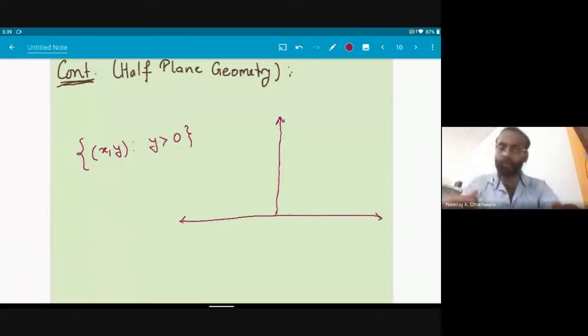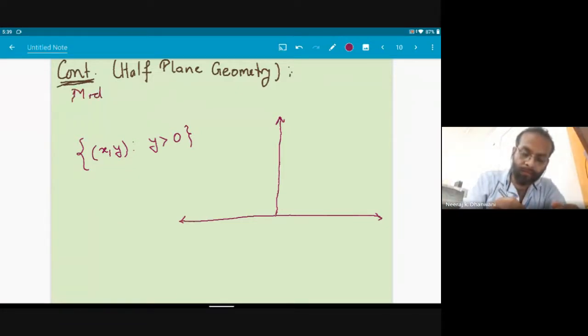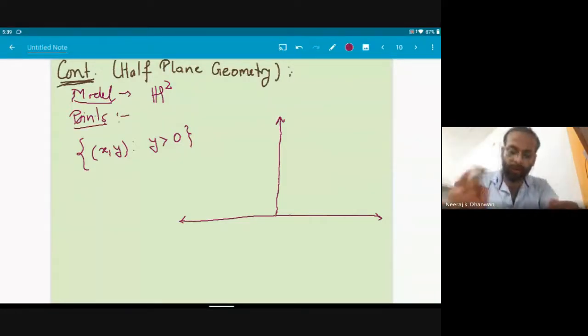I will not consider the below one. This is your space model. Generally, we call it the upper half plane. Points are just points. We're not changing anything there.